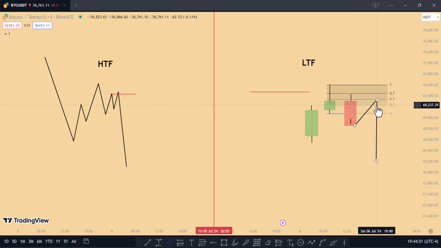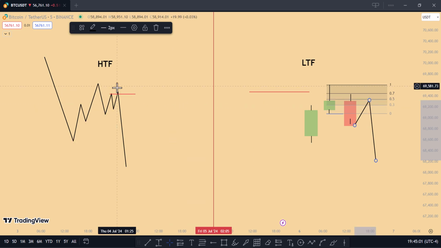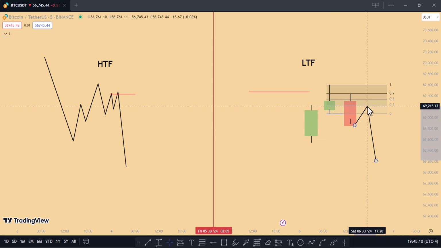You don't want to wait for that deeper mitigation on the 70 and the 50%. Most of the time price will not give you that deep mitigation. It will quickly expand to the downside. So the 30% level is a good level to take your entries from. Maybe you can take it right at the 0% of the zone.